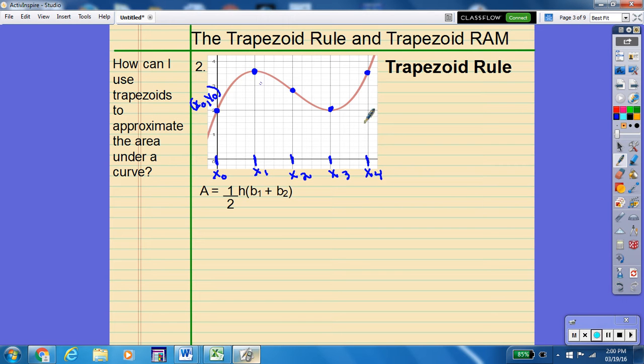I'm going to press pause just to save us some time while I fill these in. Okay, so you see I filled in all my points. And now I'm going to start drawing trapezoids so you can get a better visual of how that's going to work.